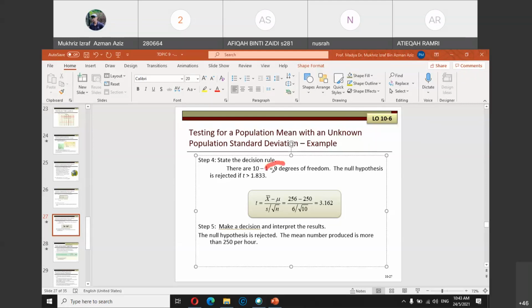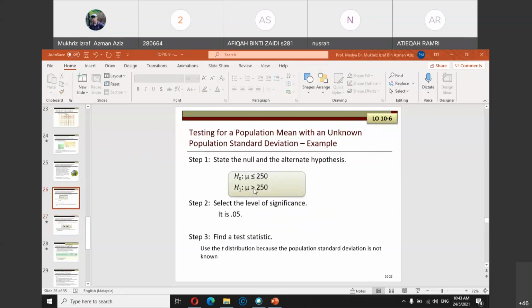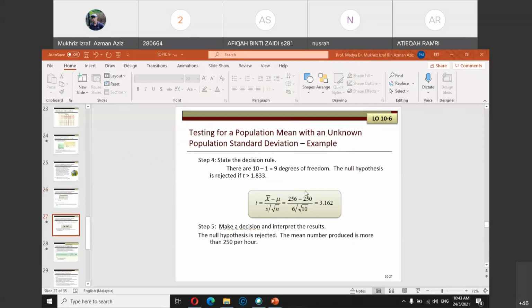So you refer to 9 in your T table under 5% alpha, 0.05, using the one tail test, because your H1 is more than, which means a one tail test. So refer to the T table, one tail test, 5% alpha, DF equals 9, you should get 1.833 as your critical value.